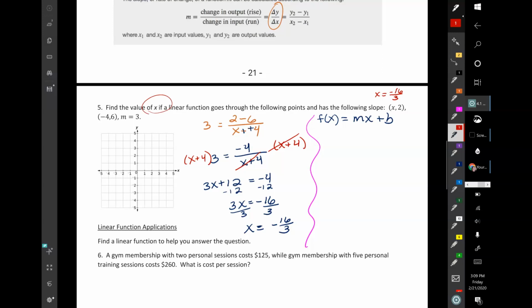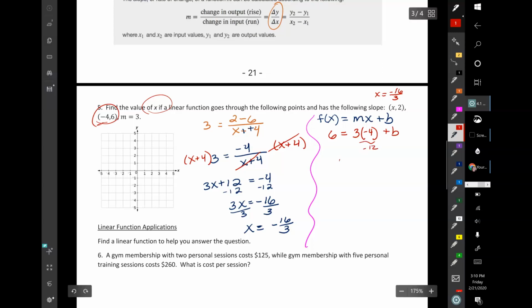So you have that skill, but it's going to be messy to plug in. So I can actually choose the -4, 6 to plug in. That'll be much easier. So I'm going to put 6 equals, and then m was 3 that we were given. X that matches up to the output of 6 is -4 plus b. And then just go ahead and solve that. This comes out to -12.